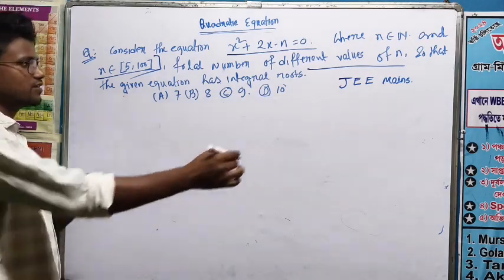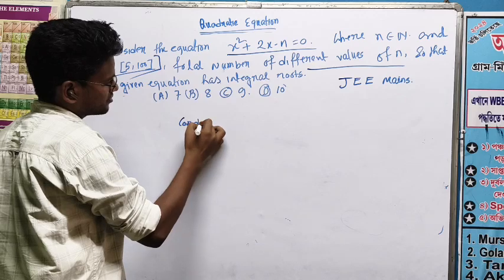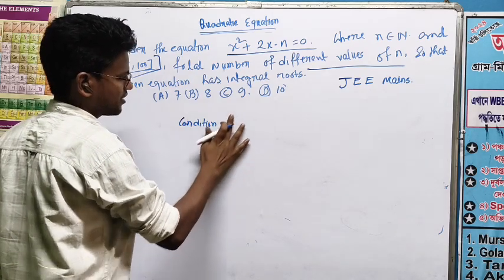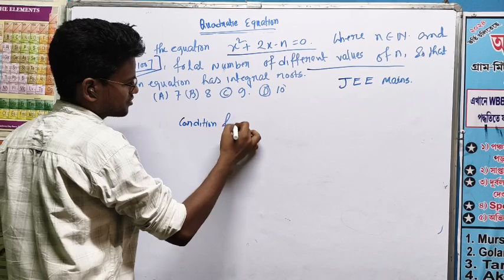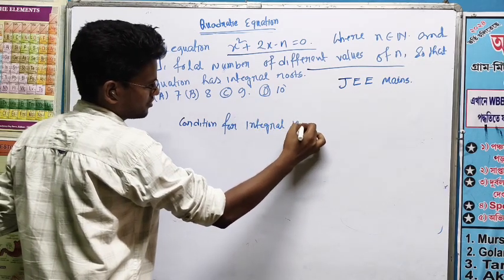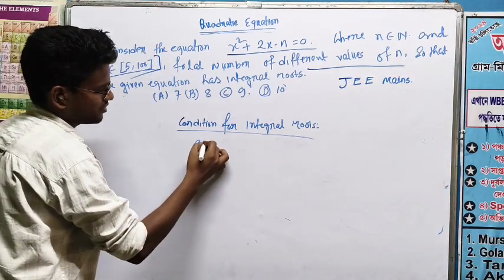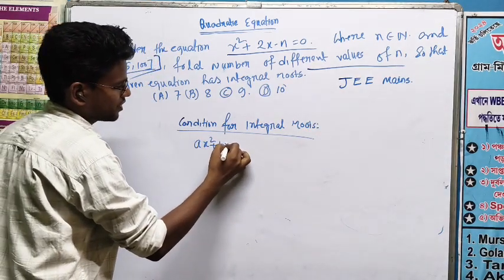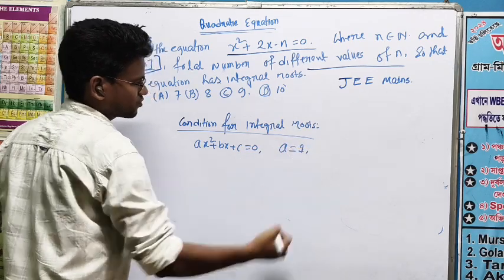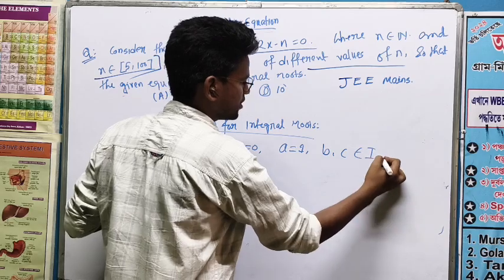So what are the conditions for integral roots? I will write the conditions. For the equation x square plus bx plus c equals 0, where a equals 1 and b and c belong to integers.